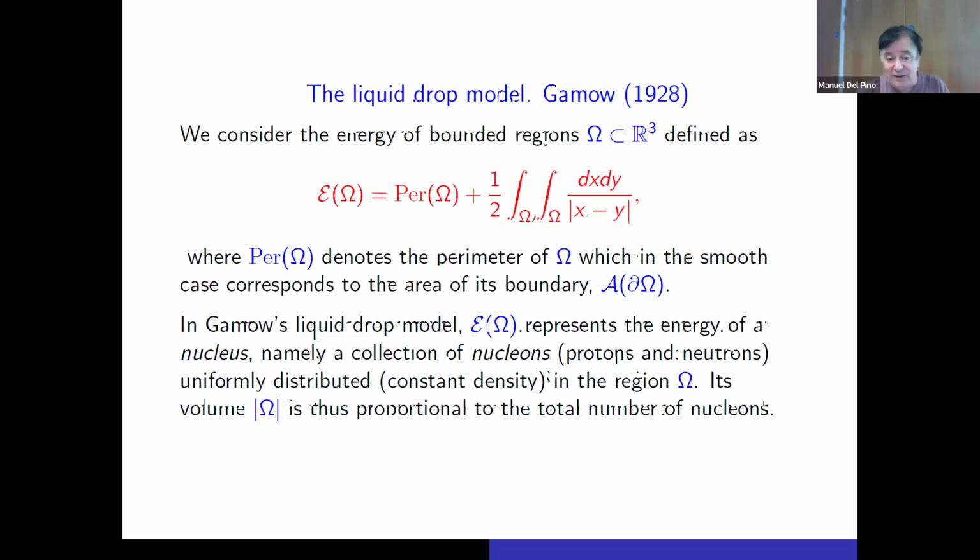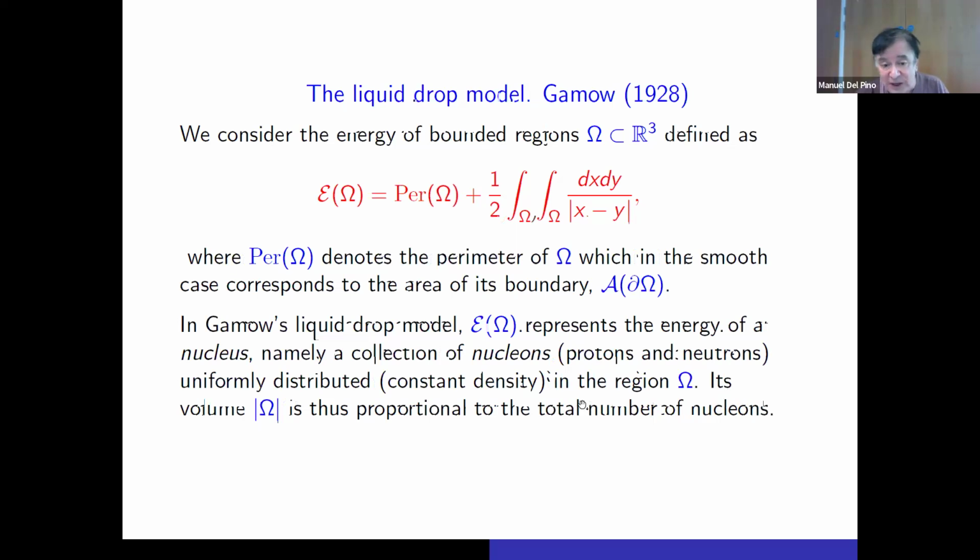A nucleus is by definition a collection of nucleons, and these nucleons are assumed to be either protons or neutrons, uniformly distributed inside the region omega with a constant density.